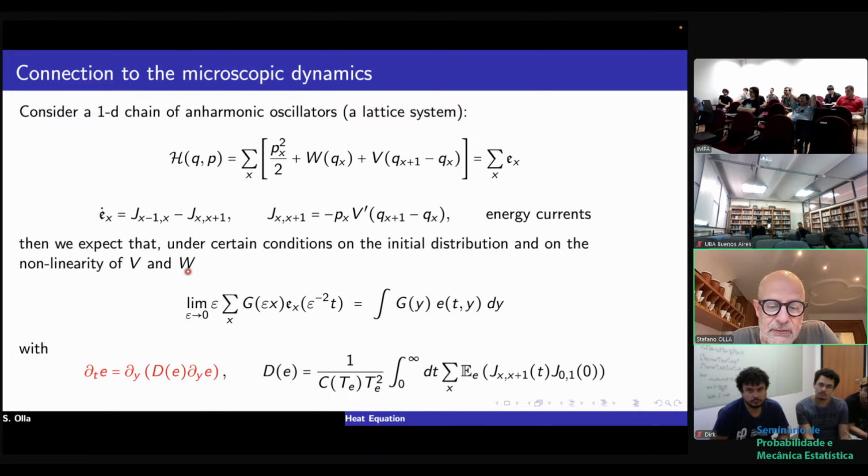Rescaling diffusively space and time, we should get a distribution of the energy that satisfies the diffusive equation, the heat equation. The connection that you expect between the microscopic dynamics and the thermal diffusivity D of E is given by the Green-Kubo formula, which is this formula here.